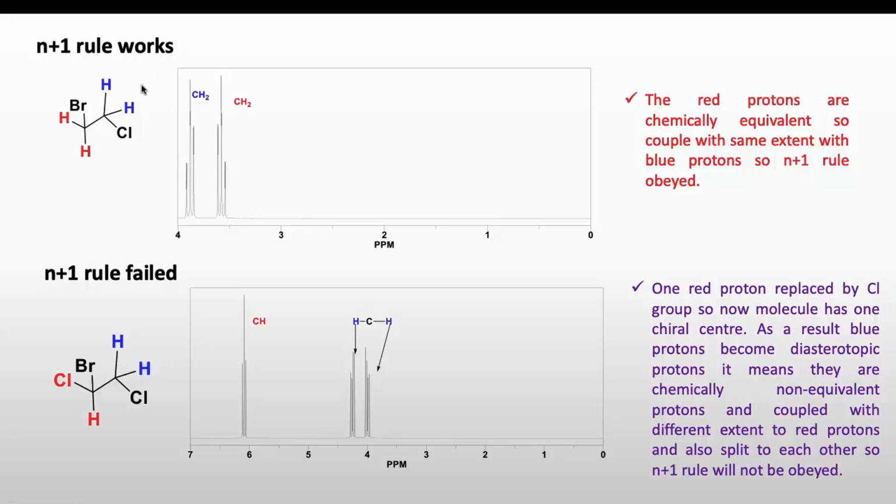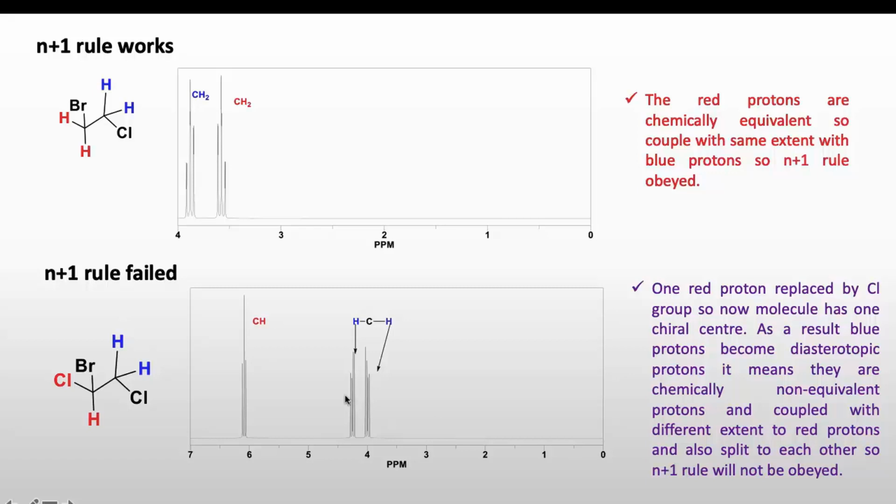But if we replace one red proton by a chloro group, this molecule has a chiral center at this carbon. Now these two protons become diastereotopic protons, meaning they will couple with each other also and will appear at different chemical shift values.